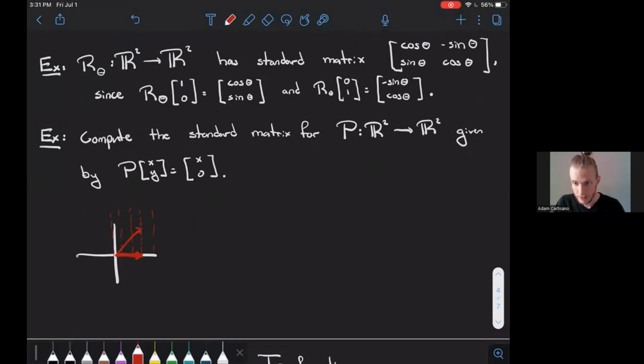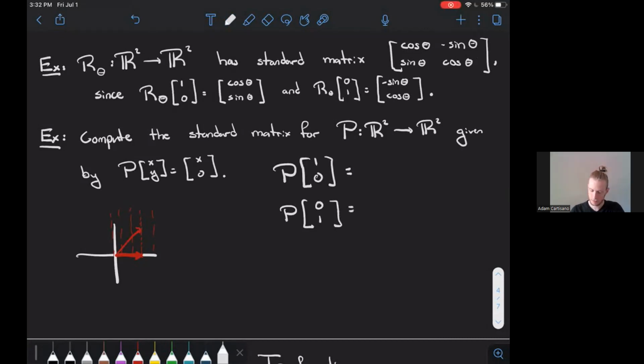So now, what do we do in order to compute the standard matrix for this transformation? We just compute what is P of 1, 0? And what is P of 0, 1?